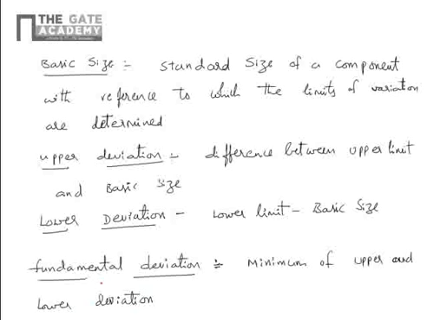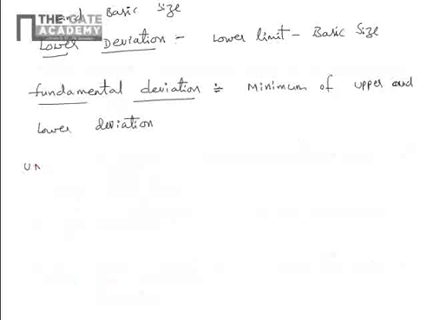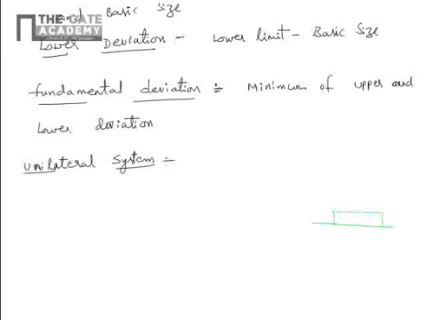Next topic is the unilateral system. The dimension of a part is allowed to vary only on one side of the basic size. Then it is called unilateral system. So this is the basic size line.